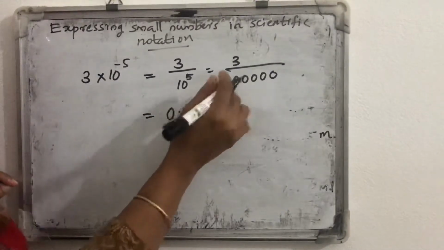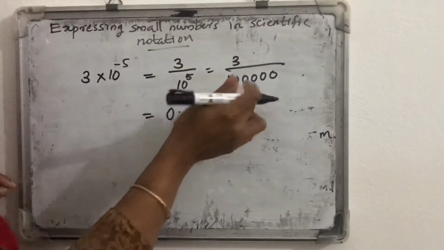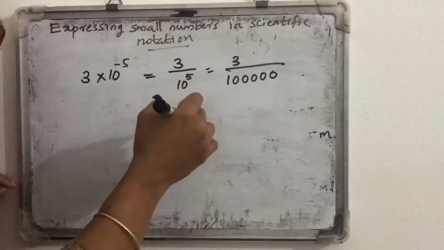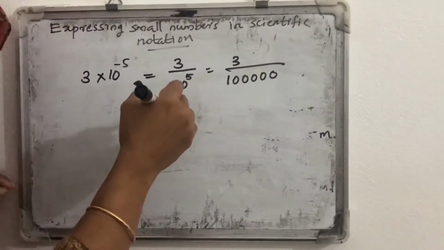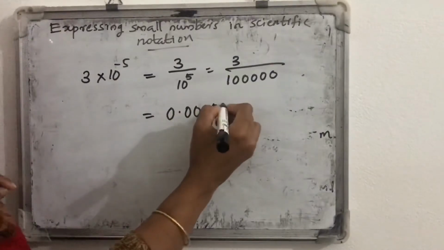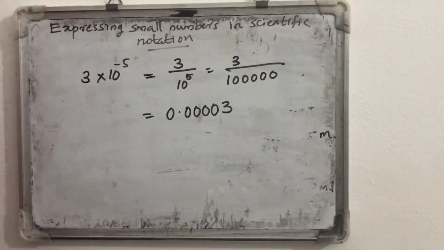Then we know how we can convert a fraction form into decimal form. Here 5 zeros are there, so there will be 5 decimal places. So 1, 2, 3, 4, then one more decimal place, that is where we take 3.